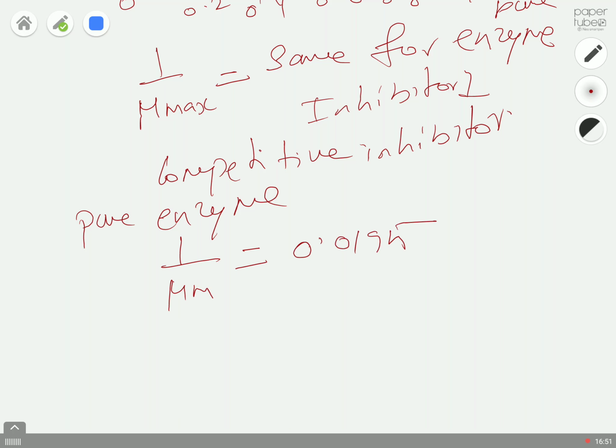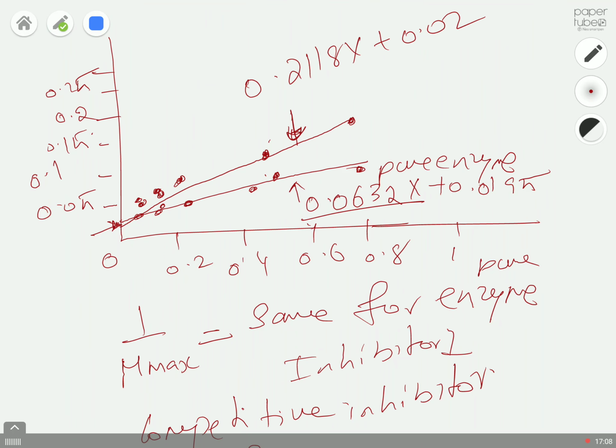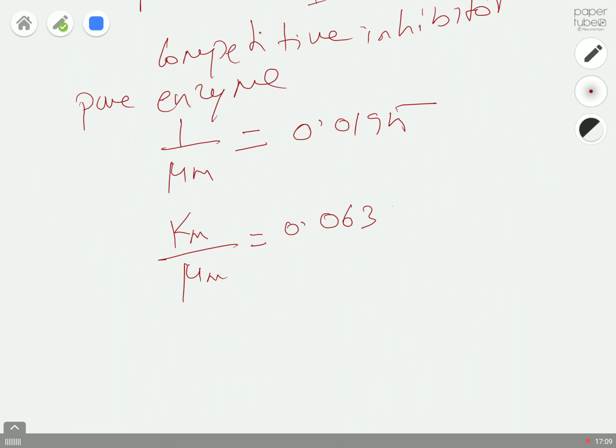0.0195. If you go back to your Lineweaver-Burk plot and its expression, your slope will be equal to km by mu m, which is nothing but 0.0632 here.